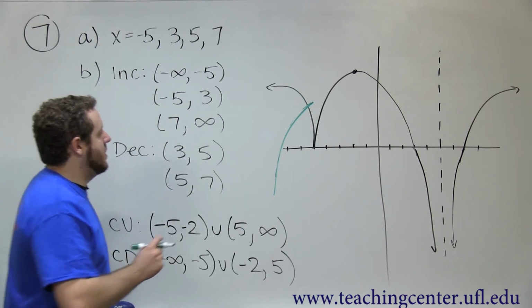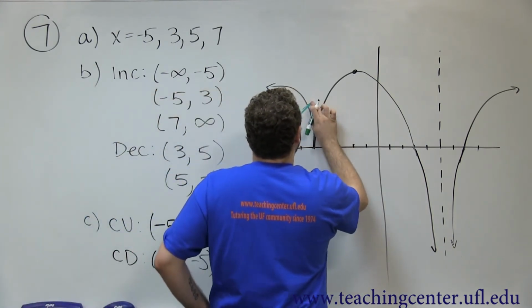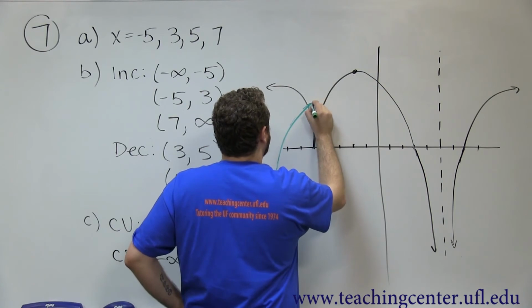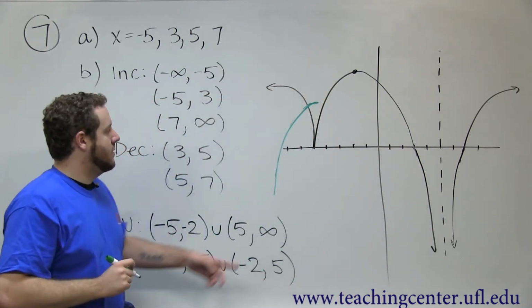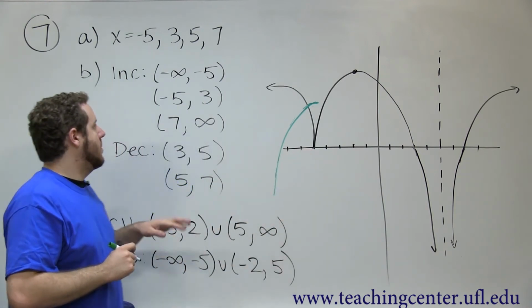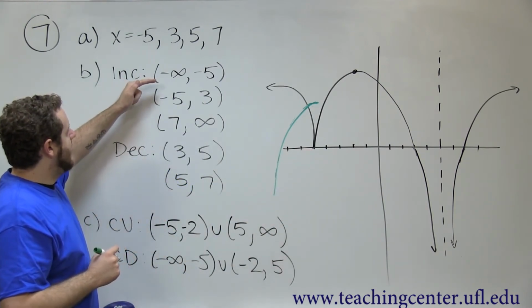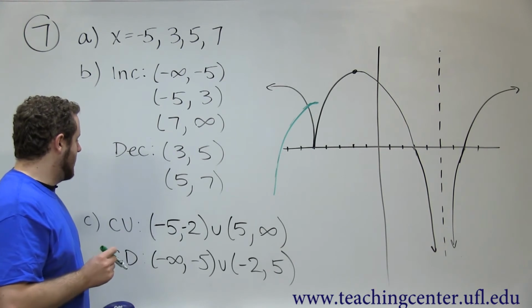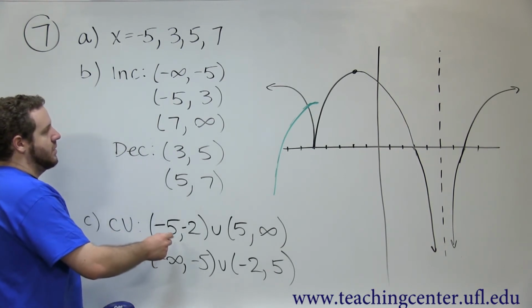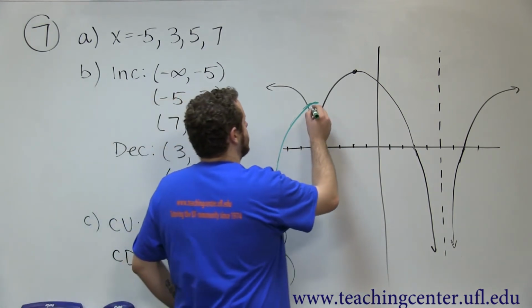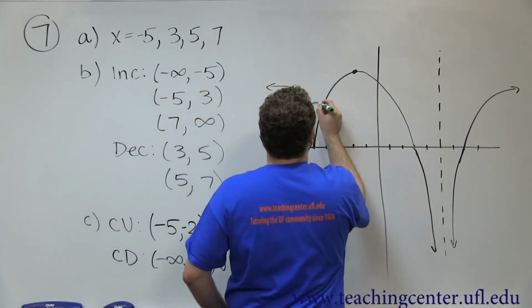So at this point, we know we have a horizontal tangent line here. Let me make this a little bit more horizontal. We know we have a horizontal tangent line here because our derivative was 0. But we're increasing both there and after it. So we're then concave up until -2, and we're also increasing again.